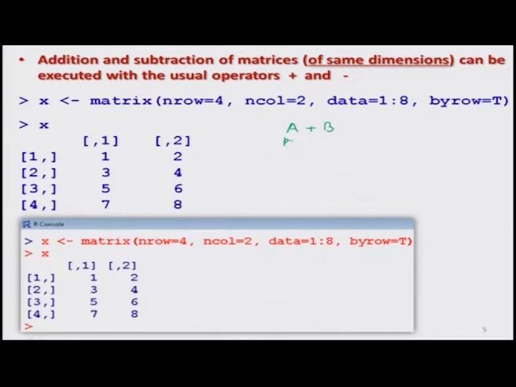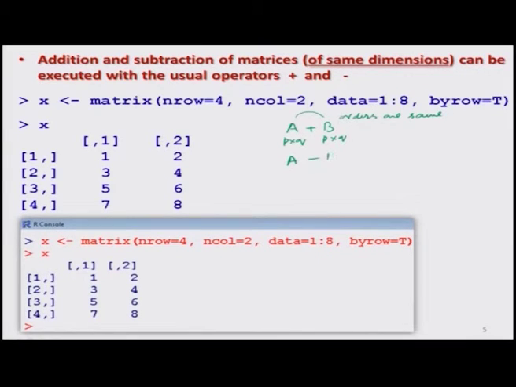So, if the order of A is P cross Q, with P rows and Q columns, then B should also have P rows and Q columns. The order of both the matrices should be the same. That you have to keep in mind; this is the basic fundamental.